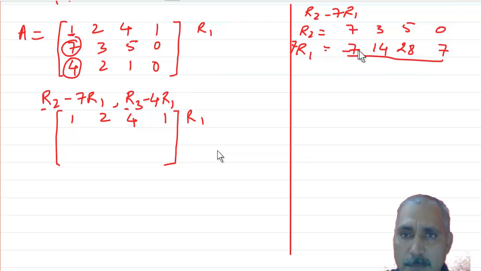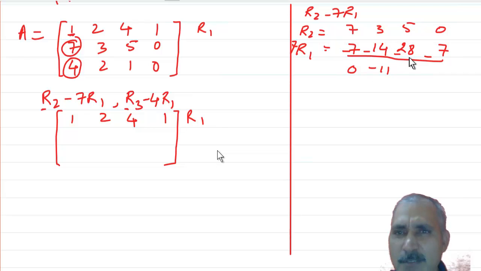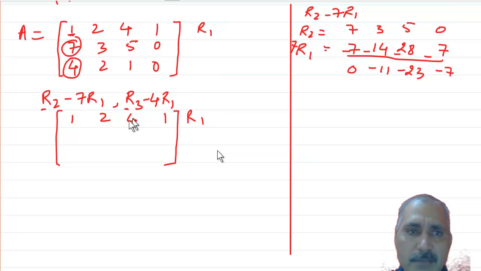Do the operation subtract. For subtraction, we will change the sign here. 7 minus 7 is 0. 3 minus 14 is minus 11. 5 minus 28 is going to be minus 23. 0 minus 7 will be minus 7. So we will write here, it is 0, minus 11, minus 23 and minus 7.